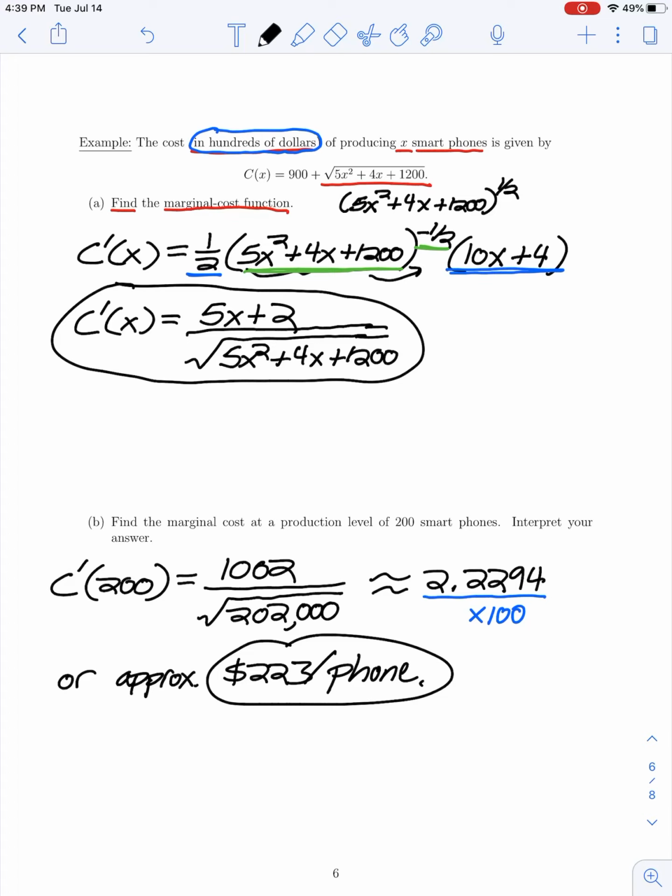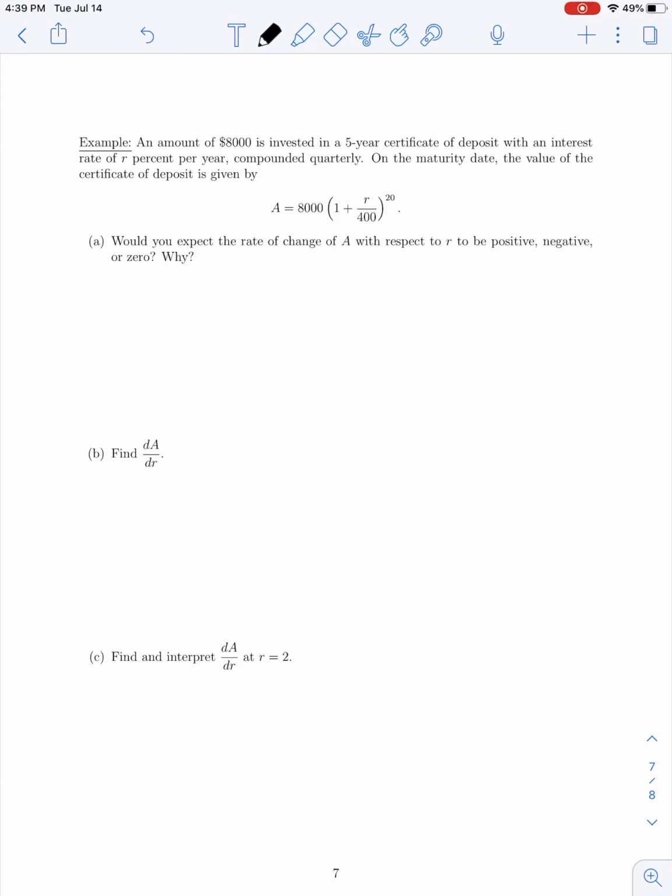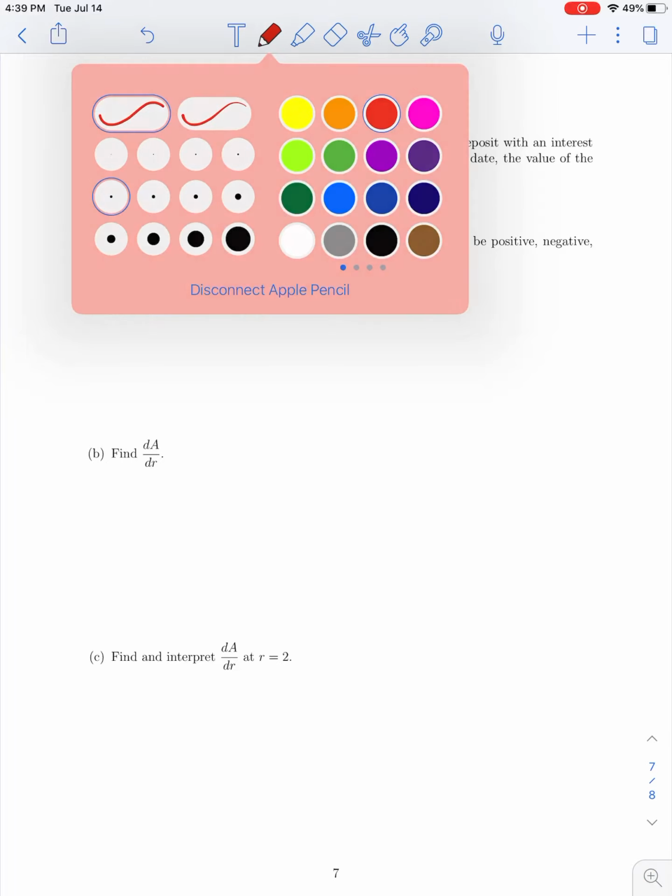Okay, so let's look at another example. This next example is dealing with investment. We have here an amount of $8,000, which is invested in a 5-year certificate of deposit with an interest rate of R% per year, compounded quarterly. On the maturity date, the value of this certificate is given by the following function.